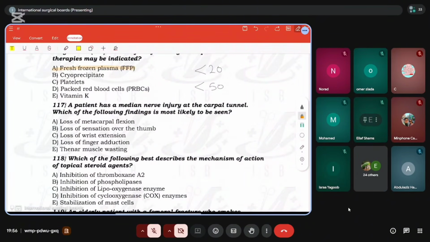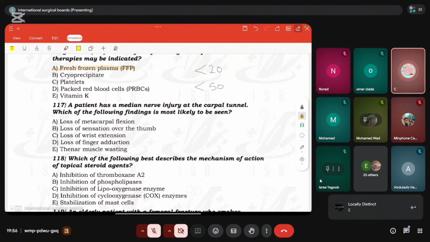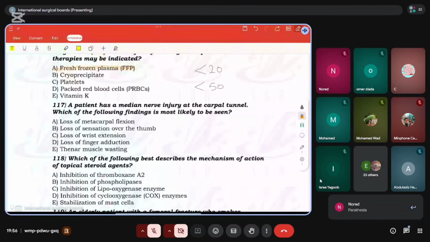So, coming back to carpal tunnel syndrome. In carpal tunnel syndrome, what is the initial or most common manifestation? Patient-wise, clinical picture, most common thing. Yeah, I think thenar muscle wasting is the main one. I was just a bit confused. No. Thenar muscle wasting is usually an advanced feature of carpal tunnel syndrome that may even warrant surgical decompression.